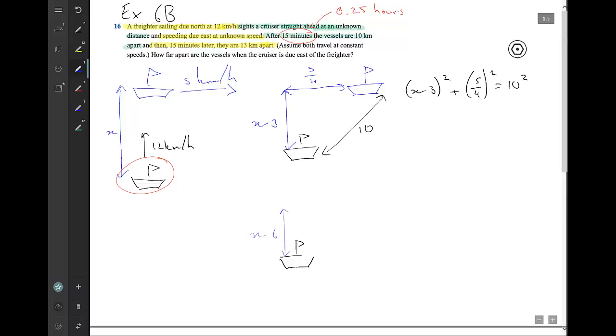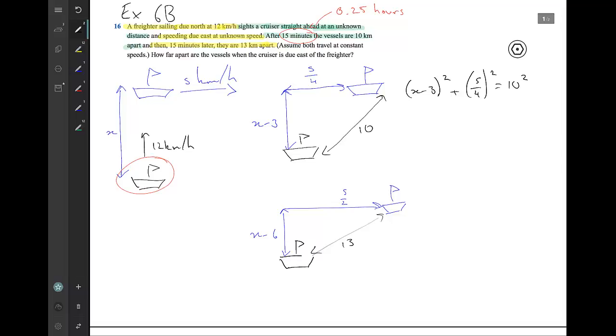And this distance here is going to be, well, before it was s on 4, if we add another s on 4, we end up with s on 2, right? So we'll leave s on 2, and that's our cruiser there. And so that distance now is 13 kilometers.